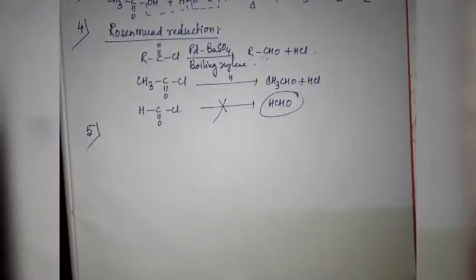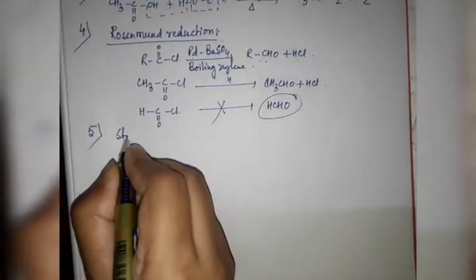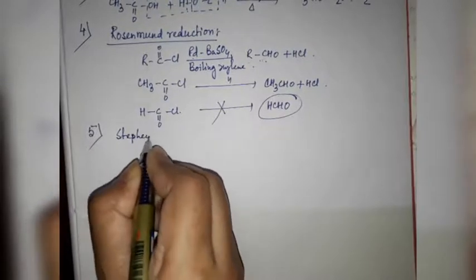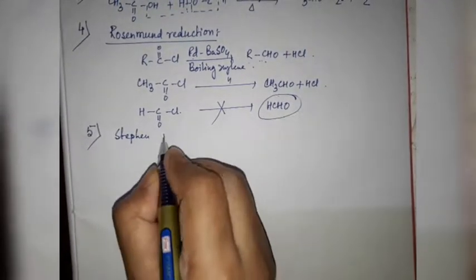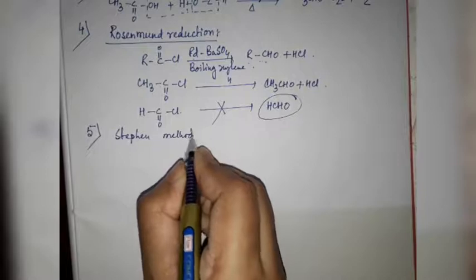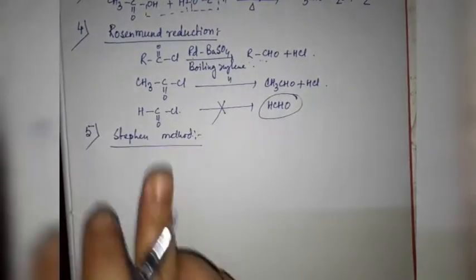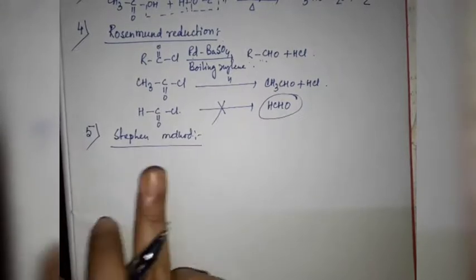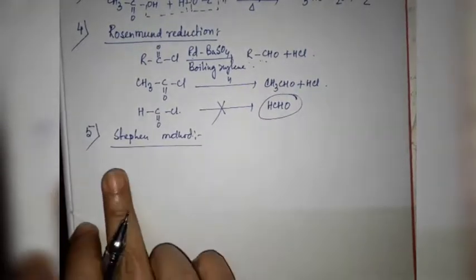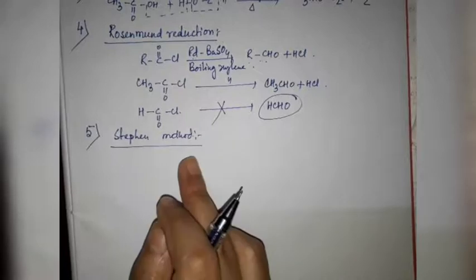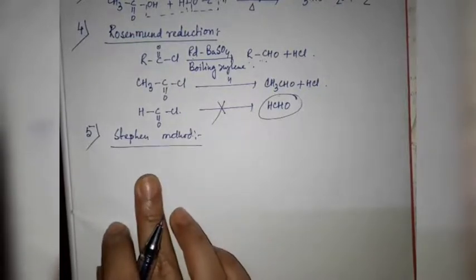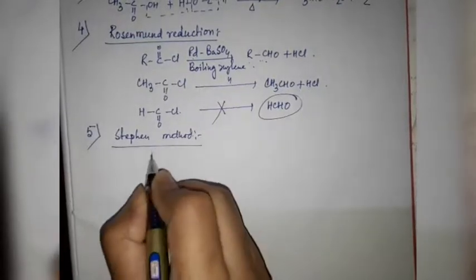Next is another name reaction, Stephen method. We can prepare aldehydes by Stephen method by treating alkyl cyanides with stannous chloride and concentrated HCl.